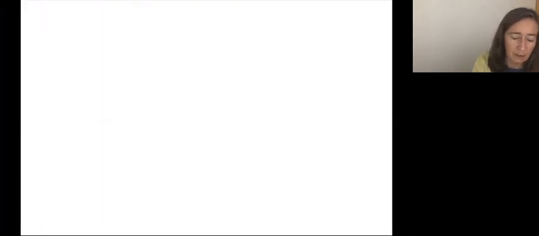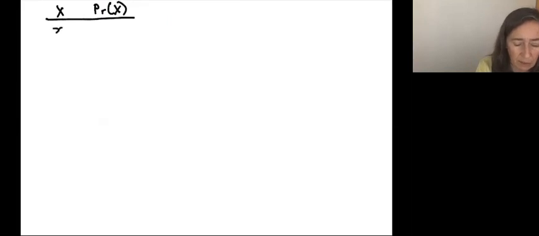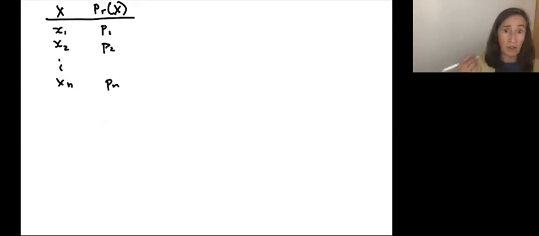End of example. Let's just remind ourselves: for a given random variable X, I'm going to make that same little table here. X takes values X1, X2, and so on. How many values does it take? n of them, with probabilities P1, P2, Pn. So just a general random variable.